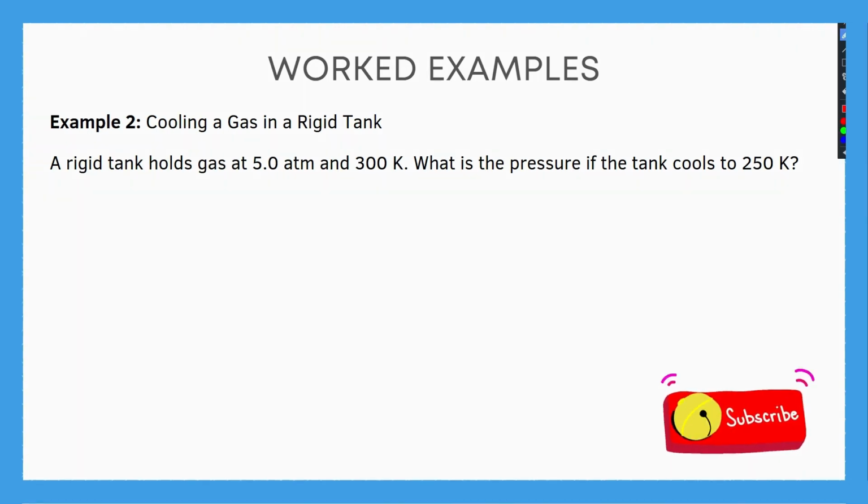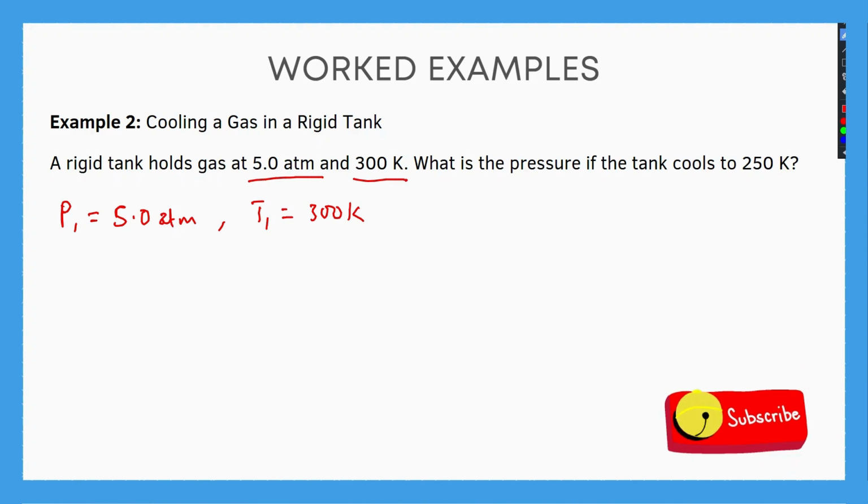Example number 2 says a rigid tank. Rigid simply means the volume doesn't change. It is sealed. That rigid tank holds a gas at 5.0 atmospheres. So the initial pressure P1 is 5.0 atm and a temperature of 300 Kelvin. So T1 is 300 Kelvin.